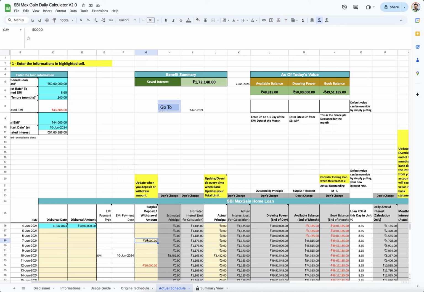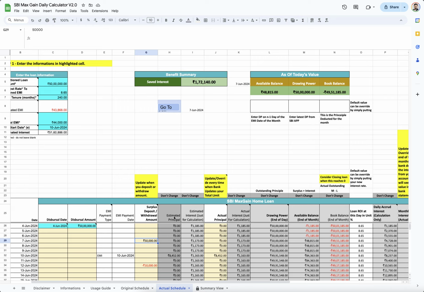Okay, so you need to evaluate how much interest you earn versus how much interest you save for the asset that you are buying or that you bought, right? Okay, so not going into that route. Let's stick to this surplus amount, withdrawal amount.